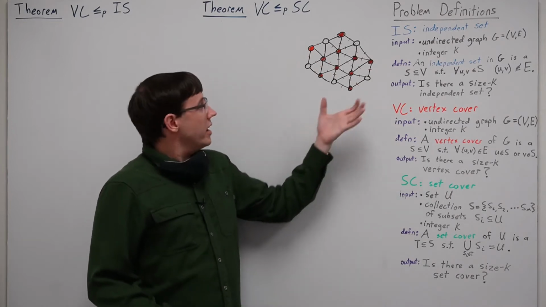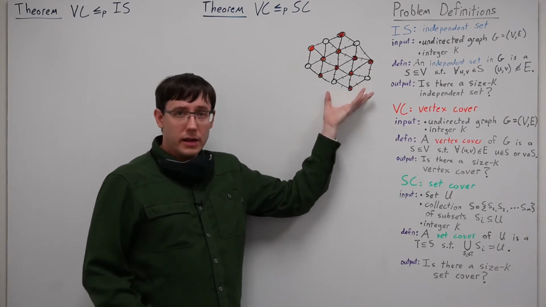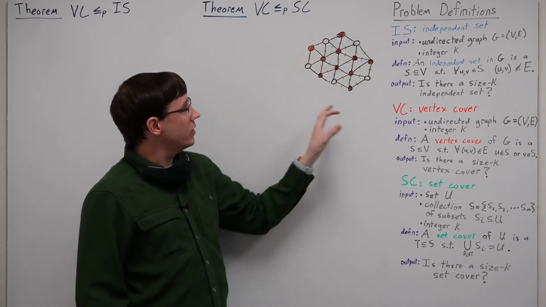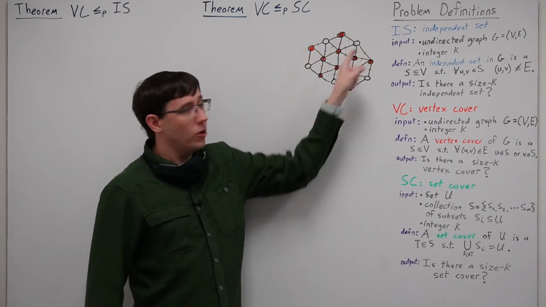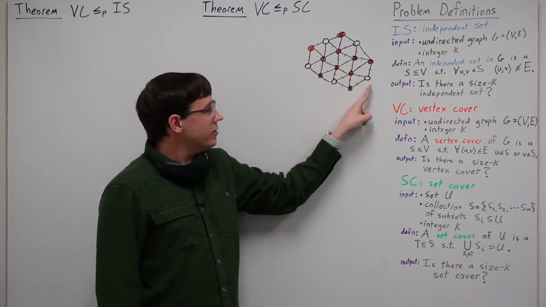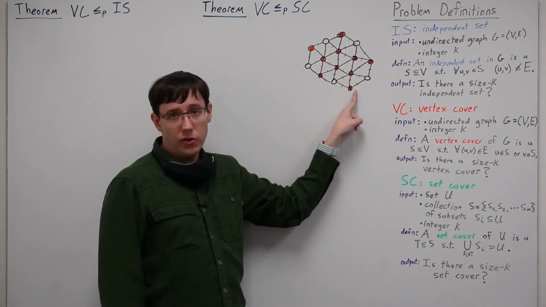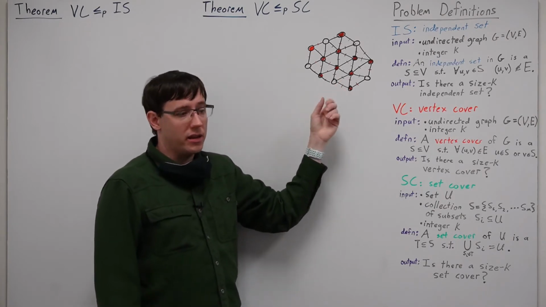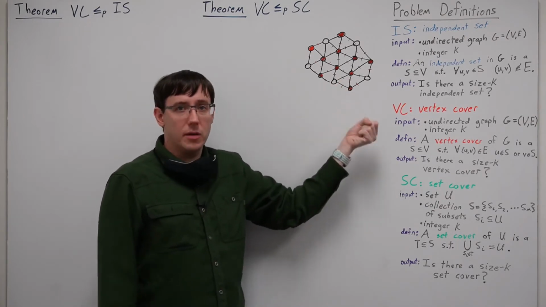So the set of vertices that I have highlighted in red here constitutes a vertex cover of this graph because for every edge, at least one end of the edge is incident on a vertex that is part of our red subset.